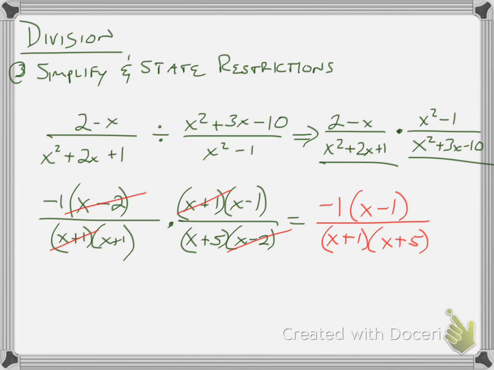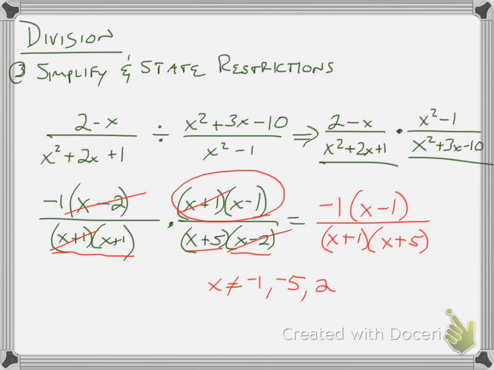My restrictions come from these, which those are the same. So that means x cannot equal negative 1. This one, x cannot equal negative 5. This one, x cannot equal 2. But with division, it's kind of a little tricky because I also need to look at these for my restrictions.